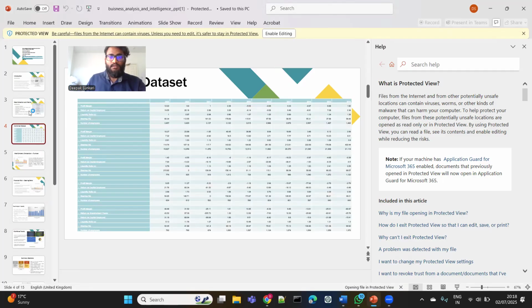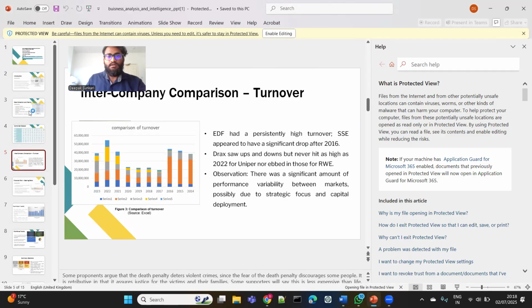This is the report which I generated from the intercompany comparison, where presentation of charts and insights, and comparison of turnover, key sites, and competitive measures through turnover comparison figures have been shown above in the PowerPoint.